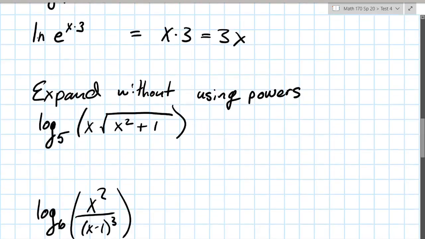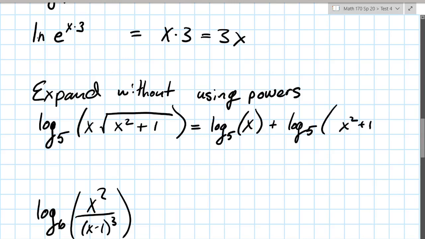So here we can write this as a product, log base 5 of x plus log base 5 of x squared plus 1. Now, that's a square root, so we can write it as a 1/2 power.